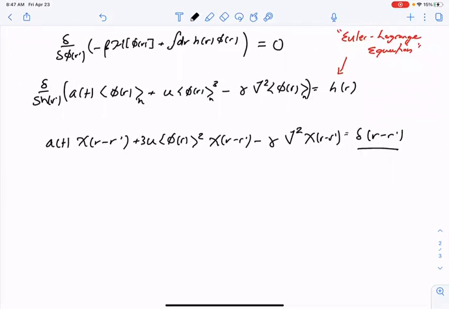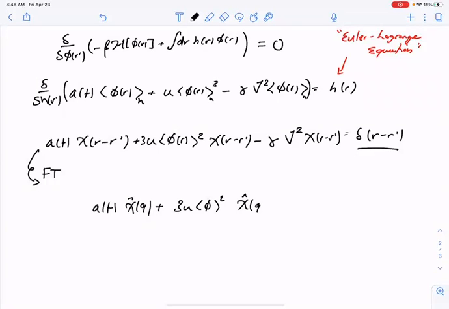This ODE is actually not so complicated. Fourier transforming it, we would get a of t times chi hat of q, plus these are just numbers. The two gradients will bring down two factors of q, and we get chi back.